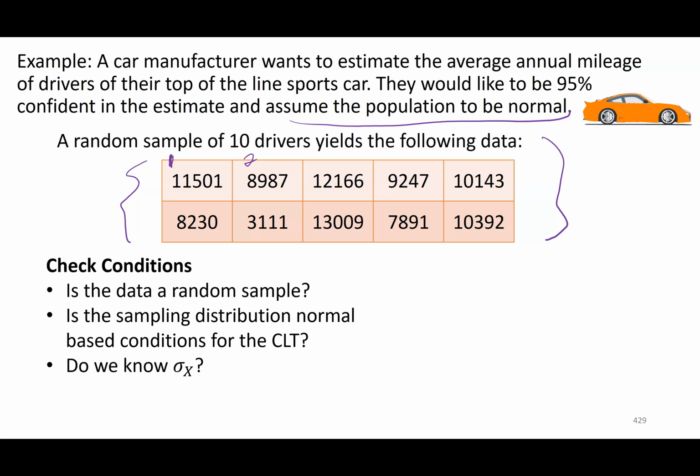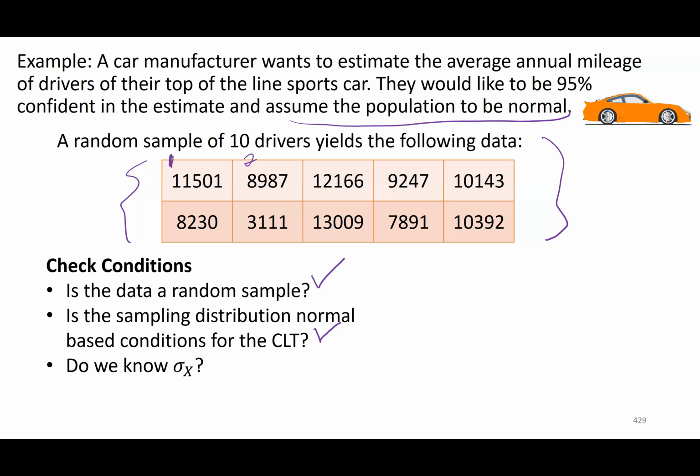So when we go to check the conditions, absolutely, it was a random sample. That's great, although I'm not really sure how they decided who that master list was from. And then, is the sampling distribution normal? Yes, because we do have a normal population, so a sample size of 10 will be big enough.